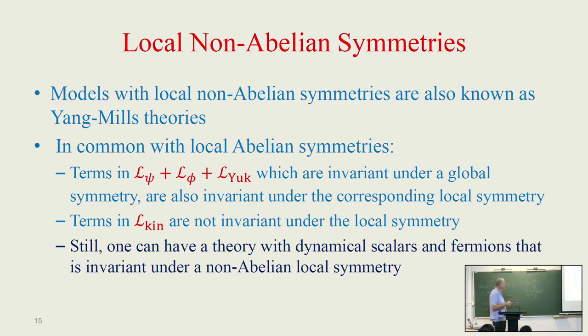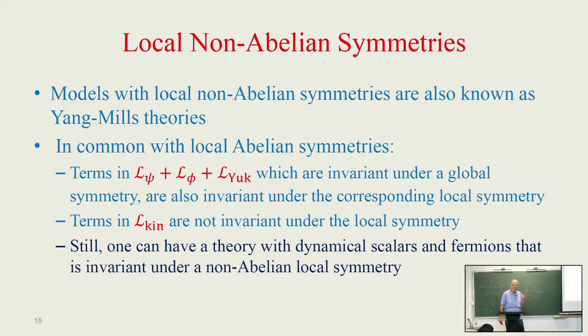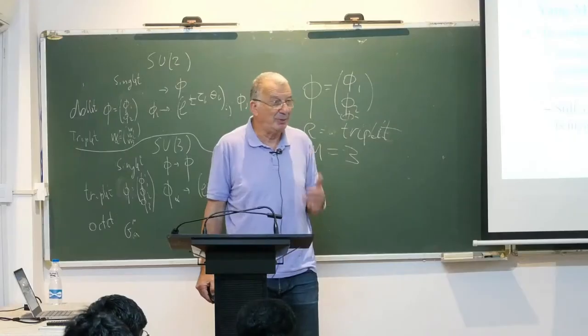It's different. However, the terms in the Lagrangian that have derivatives in them, which is the kinetic terms, they are not invariant under the local symmetry, also for a non-abelian symmetry group. And still, I now want to insist, I want to have dynamical fermions and dynamical scalars, things that represent particles that can propagate in space-time.